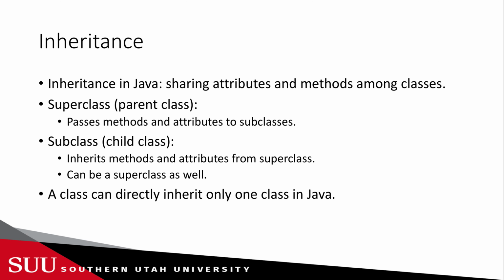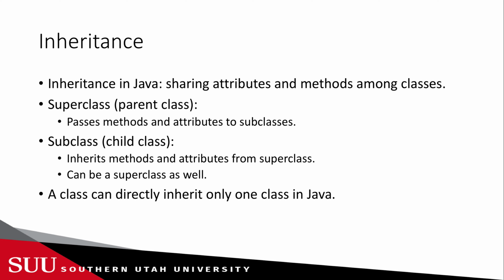So what is inheritance? Inheritance in Java is sharing attributes and methods among classes. We will have a structure consisting of a superclass, which is the parent class, and then we have some subclasses, which are the children classes. The superclass will pass the methods and attributes to all of its subclasses.